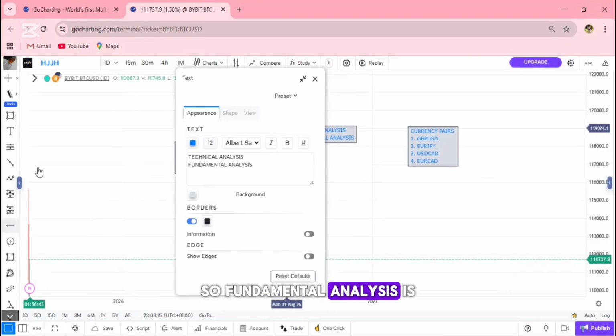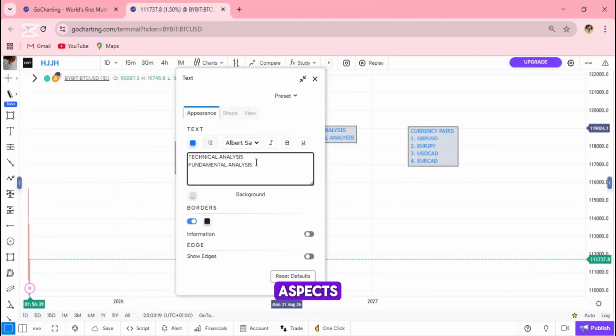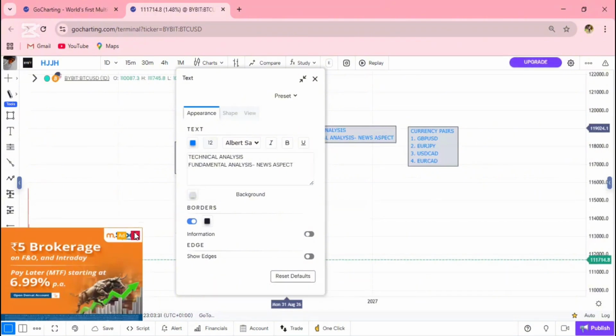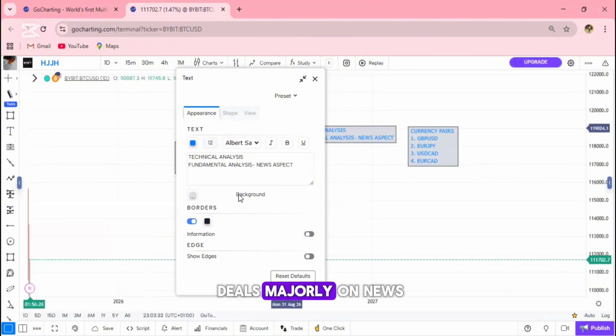So fundamental analysis is just talking about the news aspect of trading. When you hear the word fundamental analysis or fundamental analyst, it means that this person deals majorly with news to make his or her own analysis.